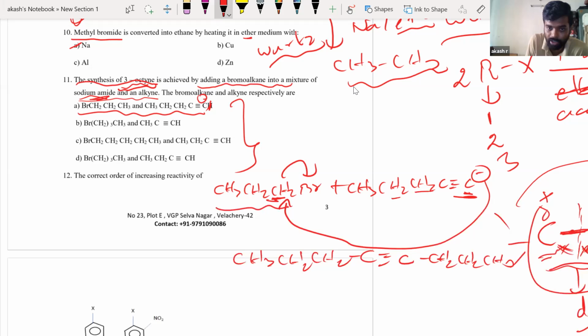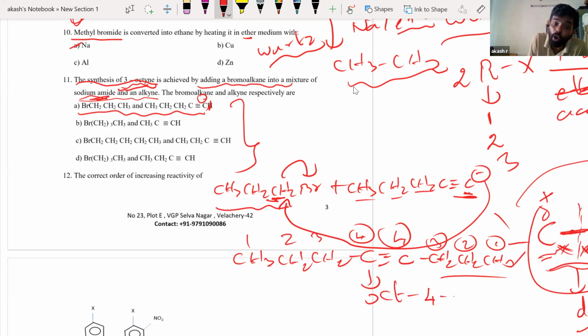Now, what is the name of the compound you see? 1, 2, 3, 4. Or say if you start from this side, 1, 2, 3, 4. Now, this is oct-4-yne, because in the fourth carbon atom only, I have the triple bond. Right? Now, we will check for other things also. How is it done?